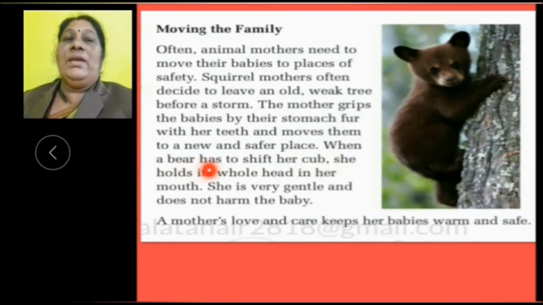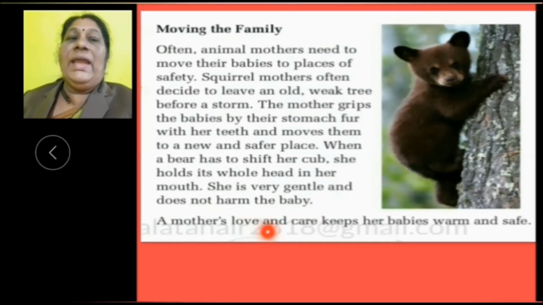When a bear has to shift a cub, she holds its whole head in her mouth. She is very gentle and does not harm the baby. A mother's love and care keeps her babies warm and safe.